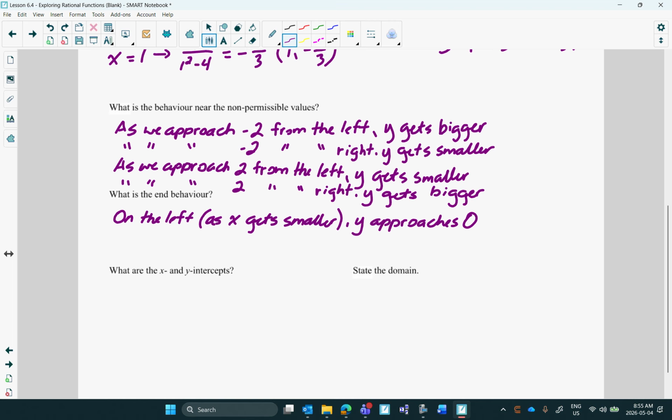And on the right, as x gets bigger, y also approaches 0.